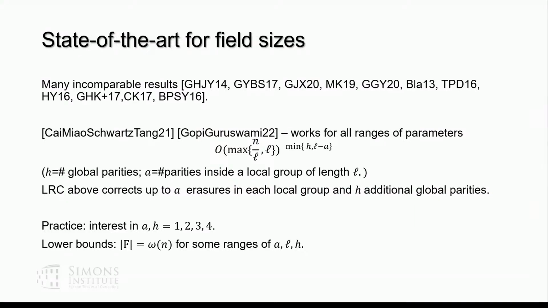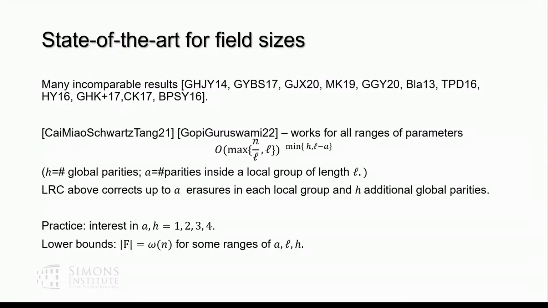This would give us N to a minimum number of global parities. L is the length of the local group, and A is the number of parities inside each local group. So I showed you for Reed-Solomon just one parity, but you could have many more parities inside each local group.